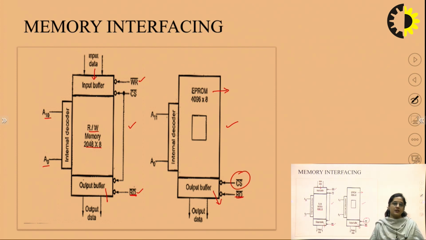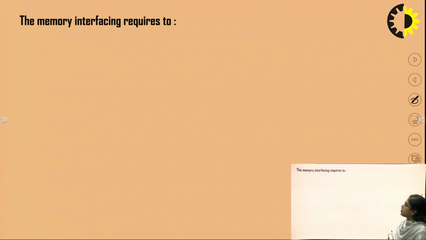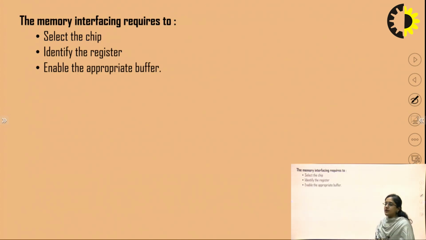So chip selection circuitry is also very important while dealing with memory interfacing. So we will see how we can design this chip selection circuitry to select different types of memory at a time. So the memory interfacing requires, first we have to select the chip.